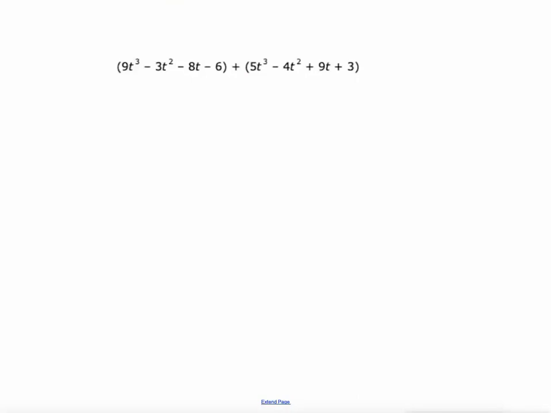Here's another addition problem. This one's got a bunch of subtraction in it, so I'm going to make sure to show you how to do that. 9t cubed plus 5t cubed is 14t cubed. Negative 3t squared minus 4t squared is negative 7t squared.